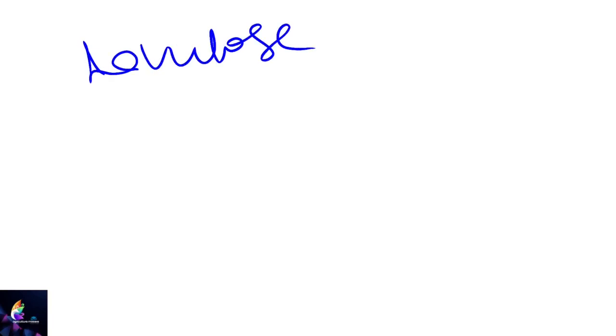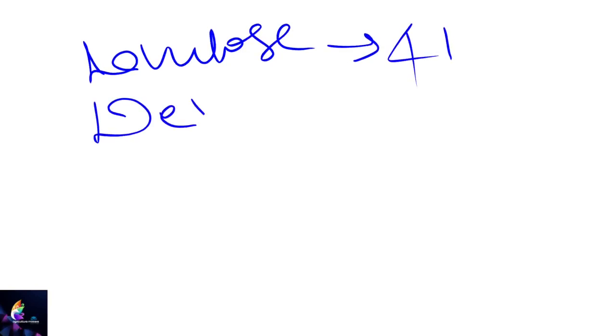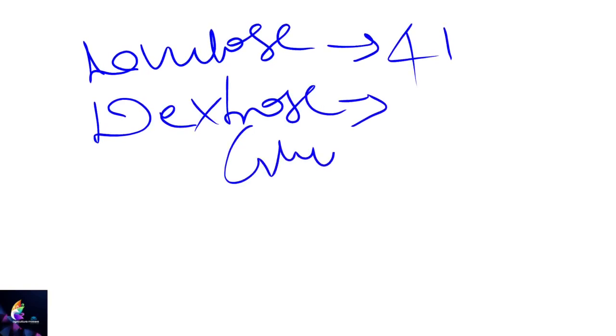Coming to the next, the composition of fully ripened honey. Honey contains levulose. Levulose in the sense it is fructose. It is 41 percentage, and then dextrose. It is glucose. It is 35 percentage.